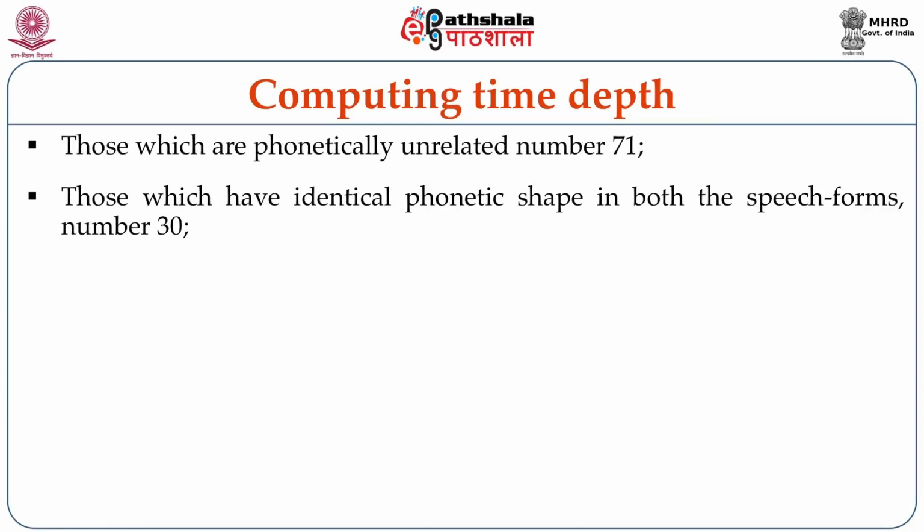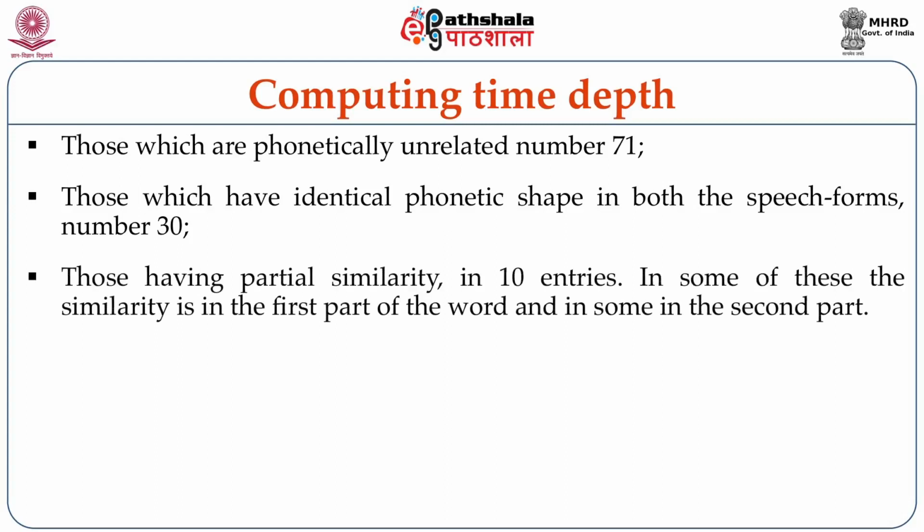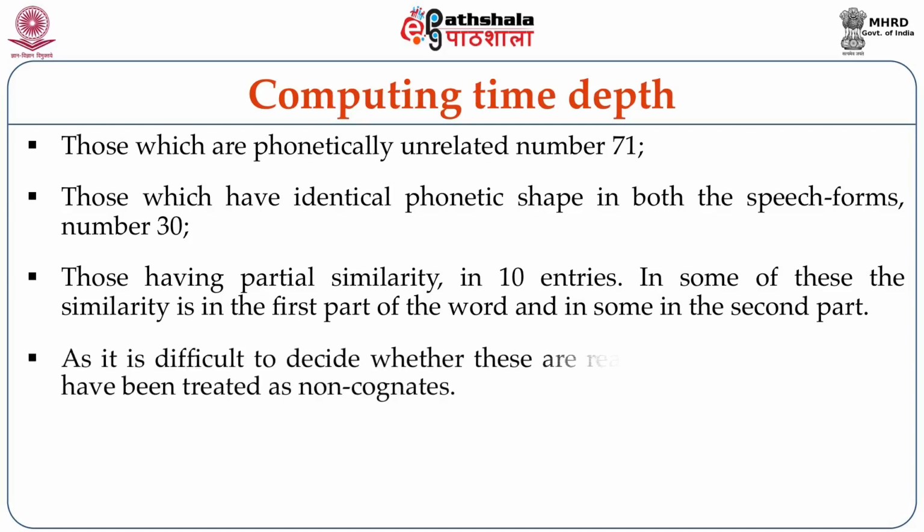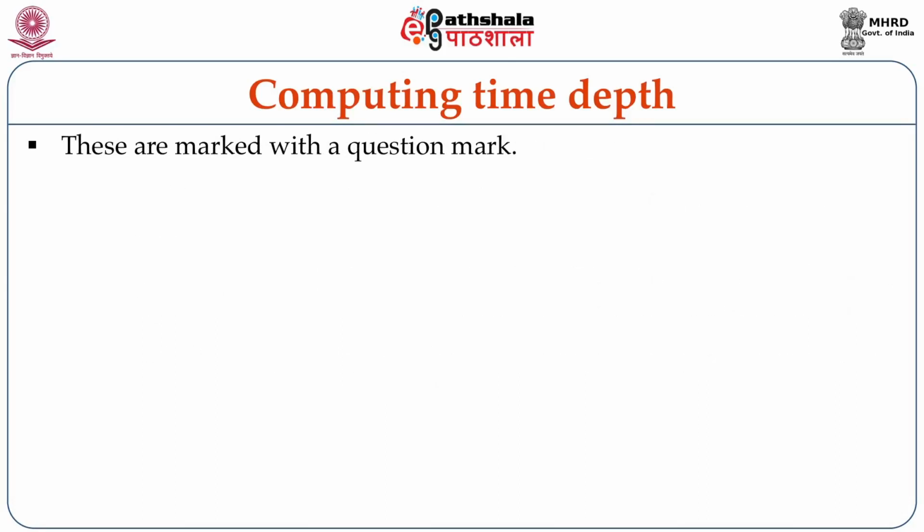B, those which have identical phonetic shape in both the speech forms, number 30. C, those having partial similarity, in 10 entries. In some of these, the similarity is in the first part of the word and in some in the second part, as it is difficult to decide whether these are really cognates or not. They have been treated as non-cognates. These are marked with a question mark.